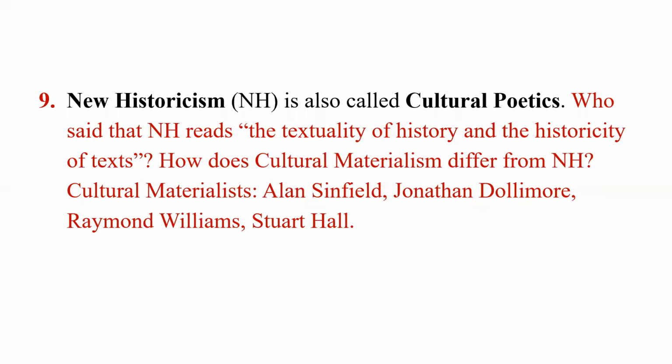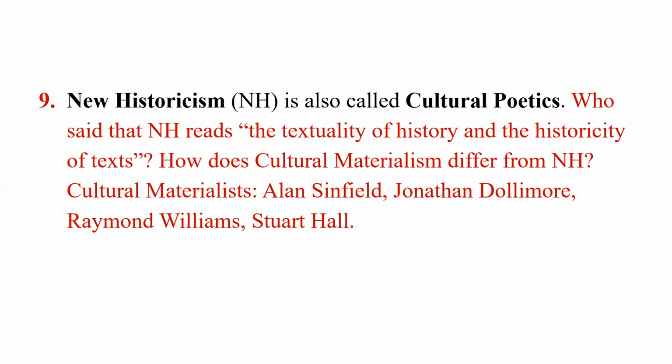A parallel reading of literary and non-literary text. Simply put, the textuality of history and historicity of text. So you can find traces of history in a literary text, and you can see literary construction in history, because you can't say that because it is a history book, everything written is truth. No, there are also fictional elements, fictional constructions there.